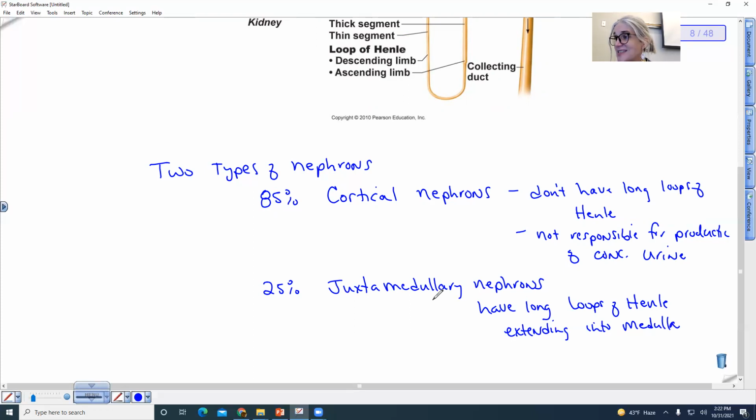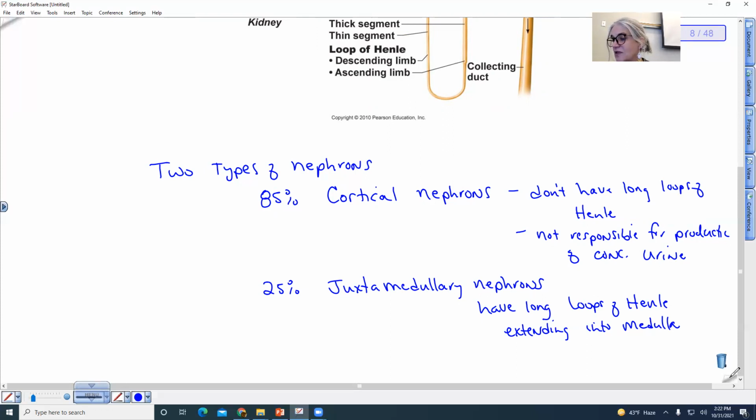They are responsible for helping to establish a solute gradient, which is going to eventually suck water back out of the filtrate and allow us to reabsorb it and produce very concentrated urine in our body.